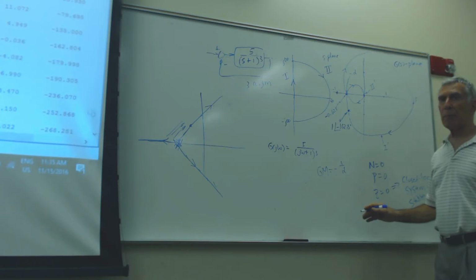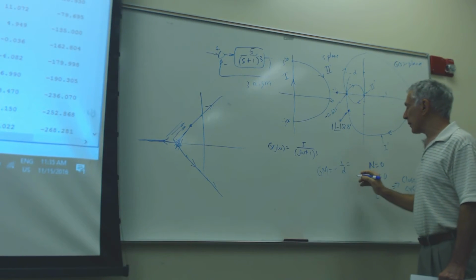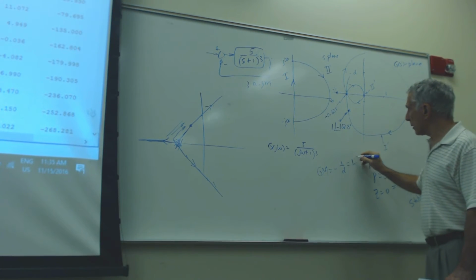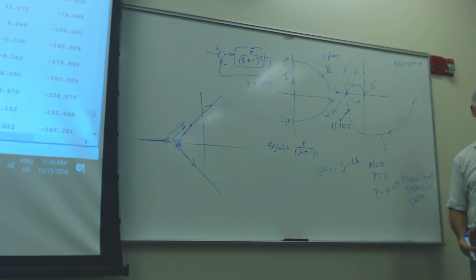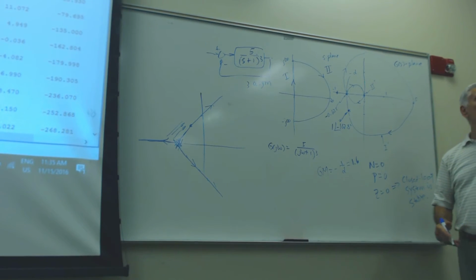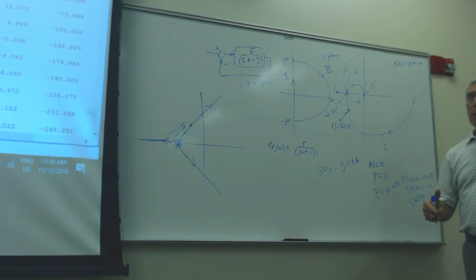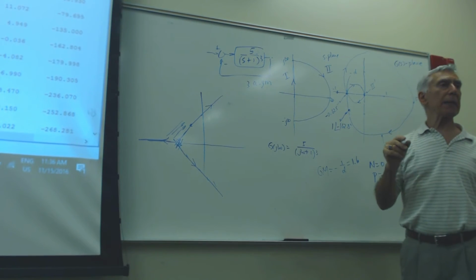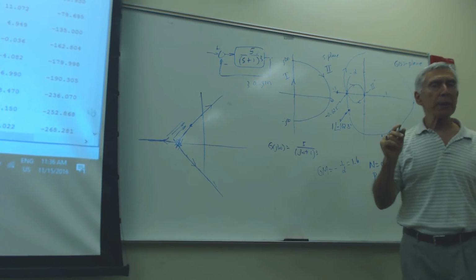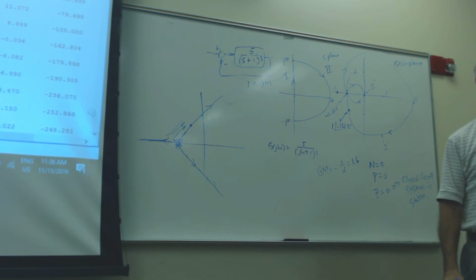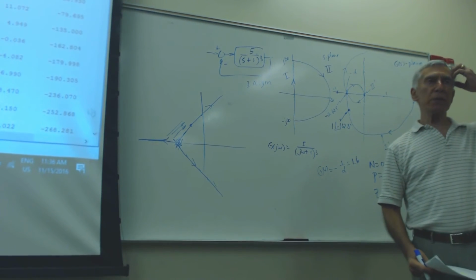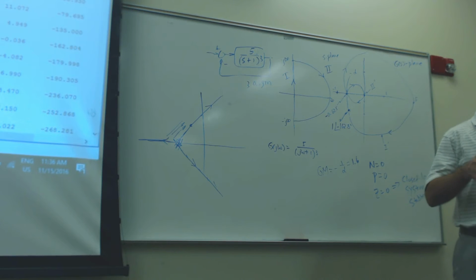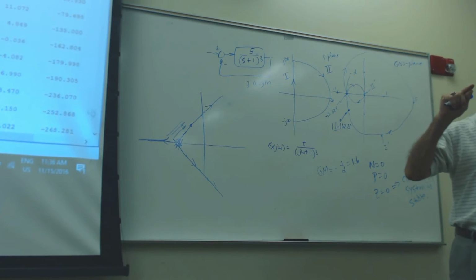So the gain margin is the reciprocal of 0.625, which is 1.6. You could make that gain k equal to 1.6, and the system becomes marginally stable. And definitely if k is equal to 2, it's going to be unstable.